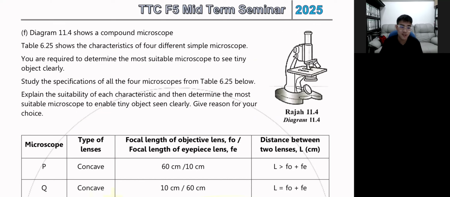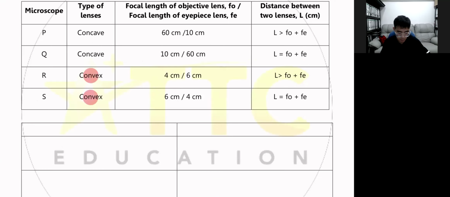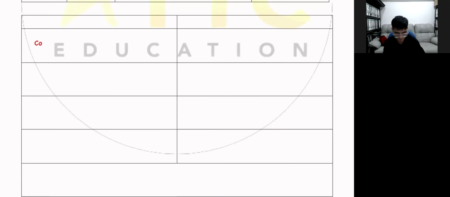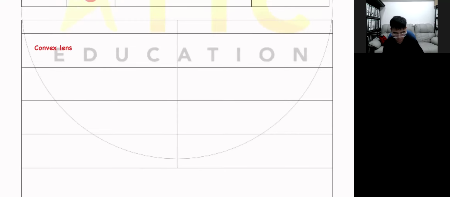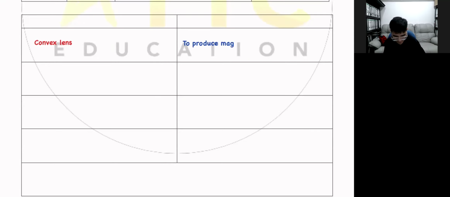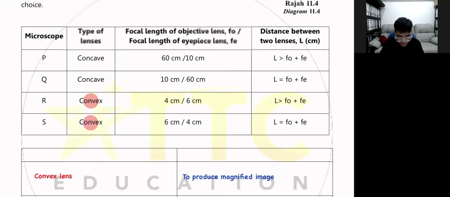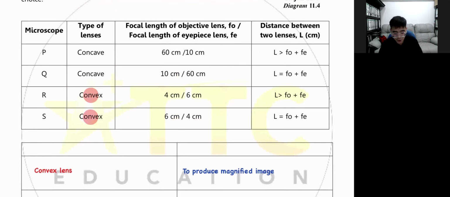We use a microscope to see small objects, not microorganisms. So if you want to get a bigger image, you must use a convex lens. And the reason is very simple, again the same thing: to produce a magnified image.